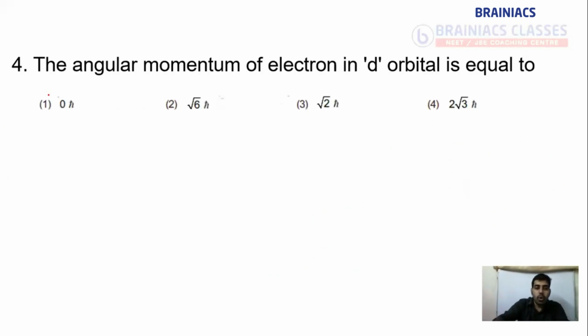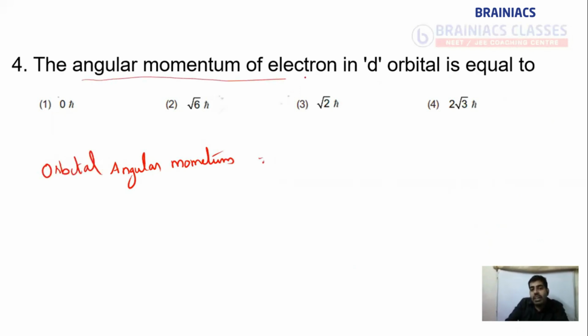Now, moving on to the fourth question. The angular momentum of an electron in d orbital is equal to what? Already we have studied this; we learned the equation to calculate orbital angular momentum. So we have to calculate the orbital angular momentum of an electron in d orbital. What is the equation?